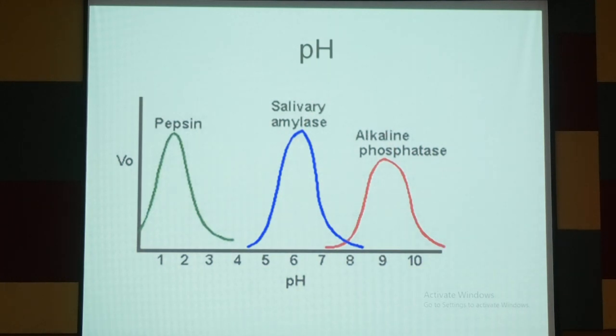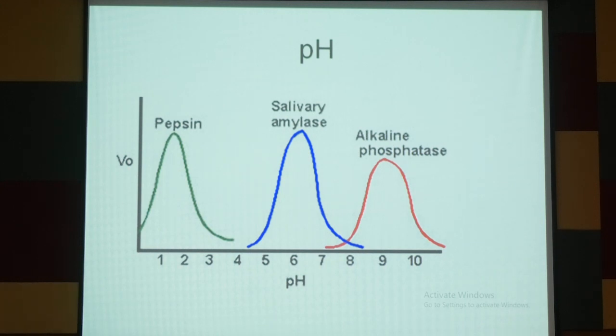pH. Draw this diagram. Here you have to remember many examples. See, here the shape of the bell is much better compared to the temperature graph.